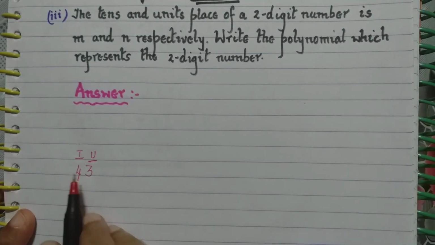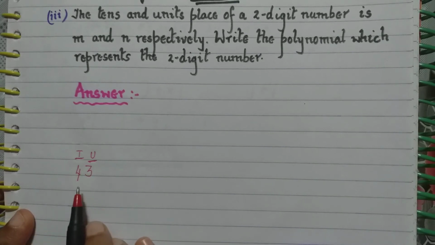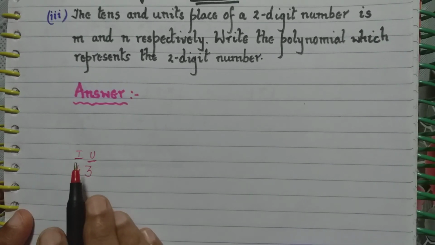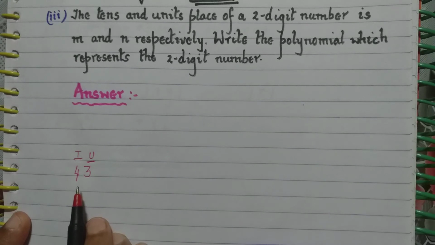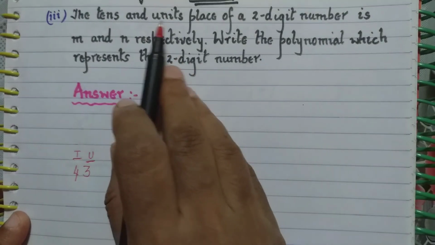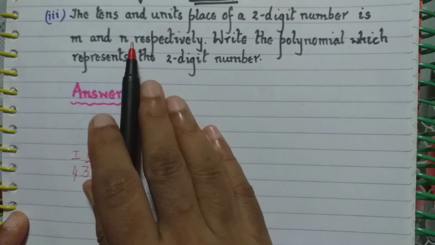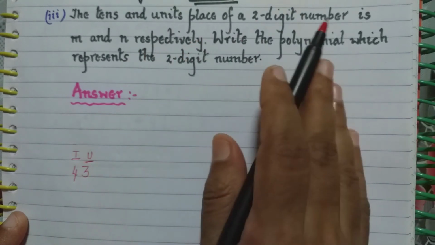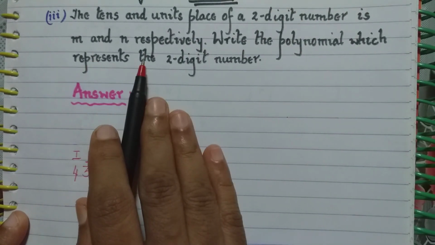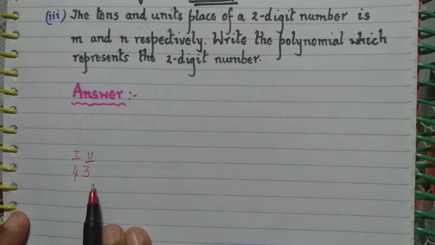Now, why is it important for me to know which digit is in the units place and which digit is in the tens place? Because they have given us that the tens and units place digits are M and N. So that is why I have to take an example like that.